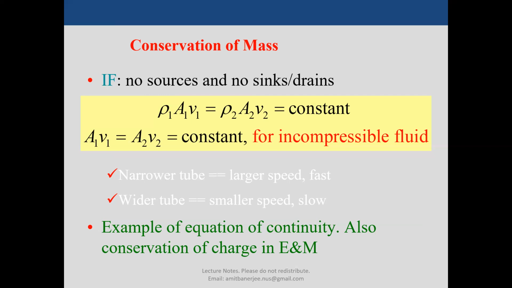Whereas if you have a wider tube, because of this mass conservation, the speed will be reduced and the fluid will become slower. That is basically the equation of continuity. It is something that will be introduced to you at a later stage in electromagnetic courses, in the conservation of charge.